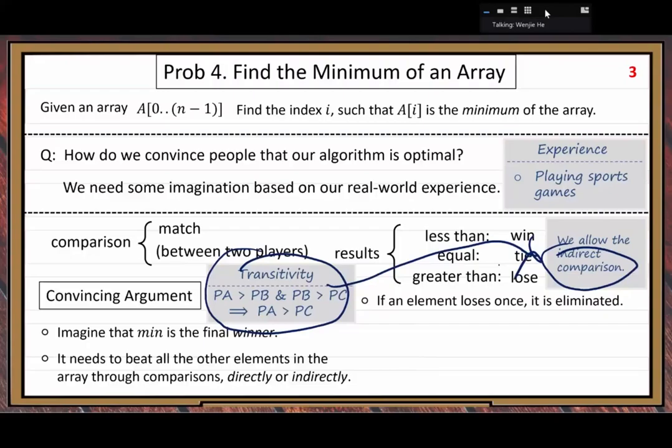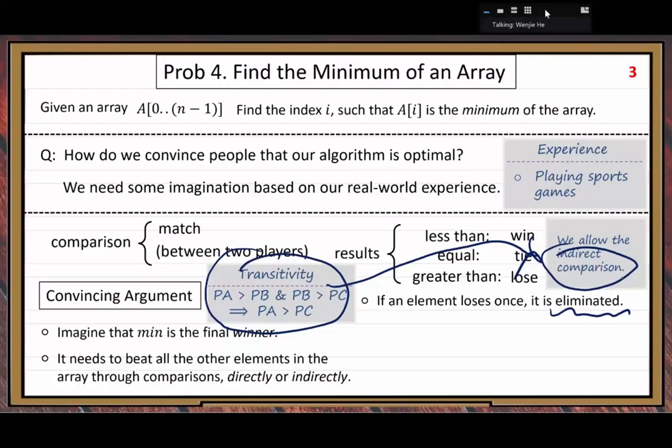Here we use this word, eliminated. Later, we will use this idea many times. We call it the elimination method. We need to eliminate certain elements from consideration to simplify our current problem.